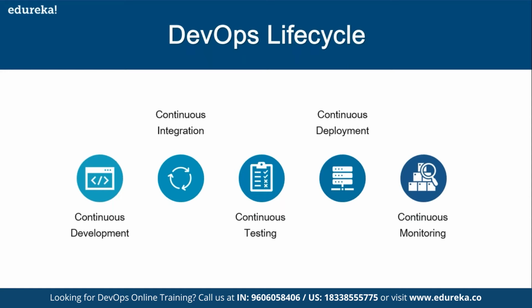On the other hand, continuous integration is the stage which is the heart of the entire DevOps life cycle. So you plan it, you make use of version control systems like Git and GitHub, followed by which you have continuous integration, which is the heart, the main phase of your DevOps lifecycle, right?